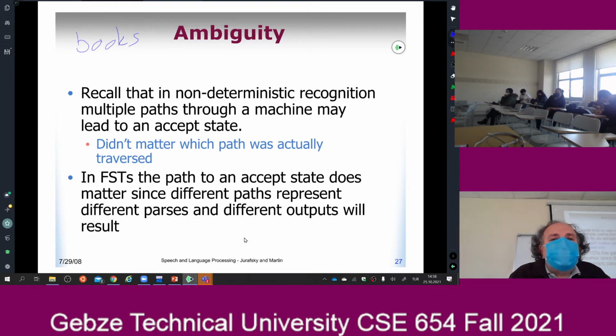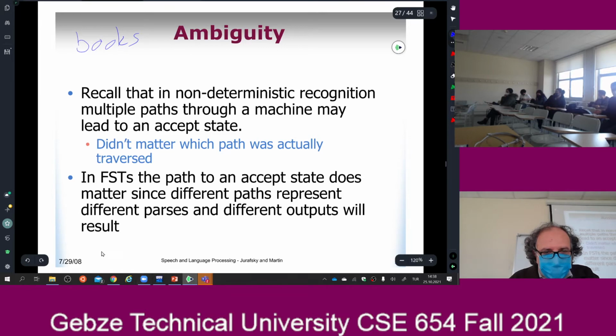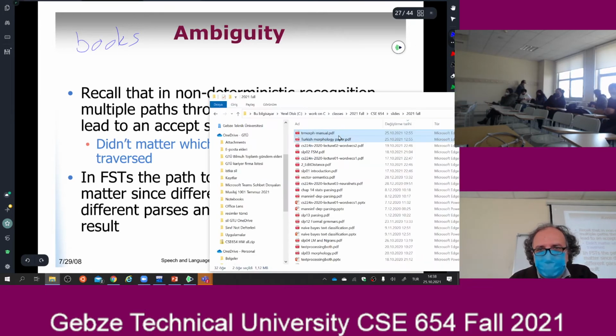And this ambiguity is much more pronounced in Turkish. Remember, I gave you examples of it, and I am going to show you a number of examples, and I gave you those two papers. Let me show you one of the papers.